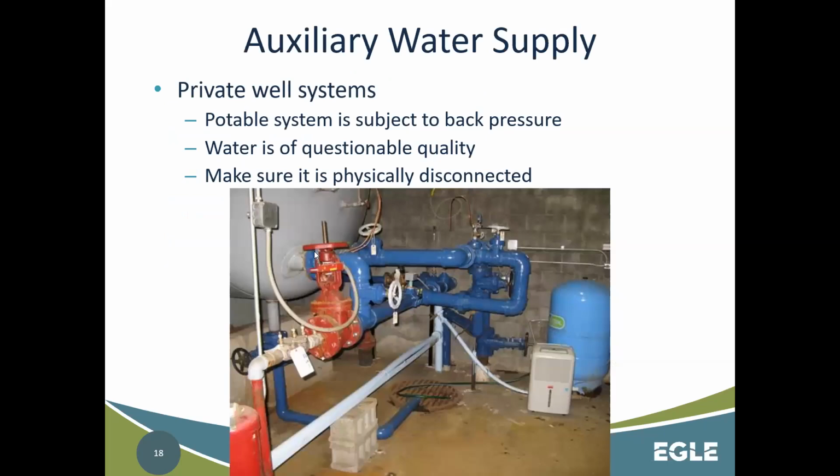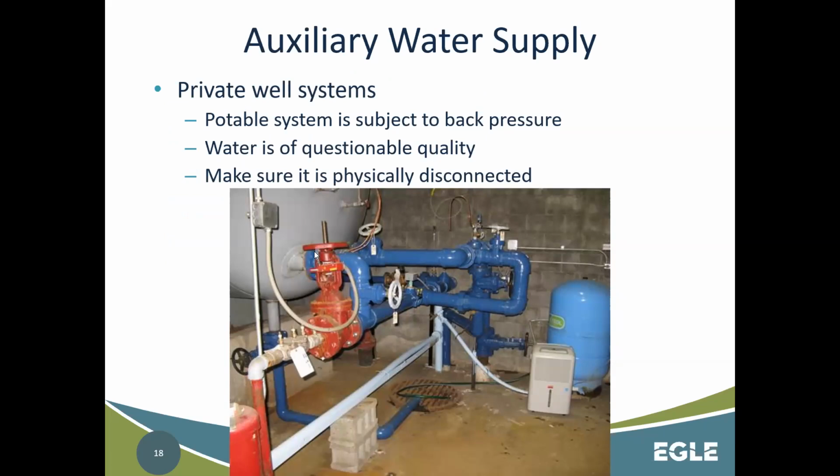In this case, there's an auxiliary water supply, and this is specifically talking about the example of private wells. Whether you call it auxiliary, secondary, or backup, there's basically a different water system, a different source, that is interconnected with our public water supply.